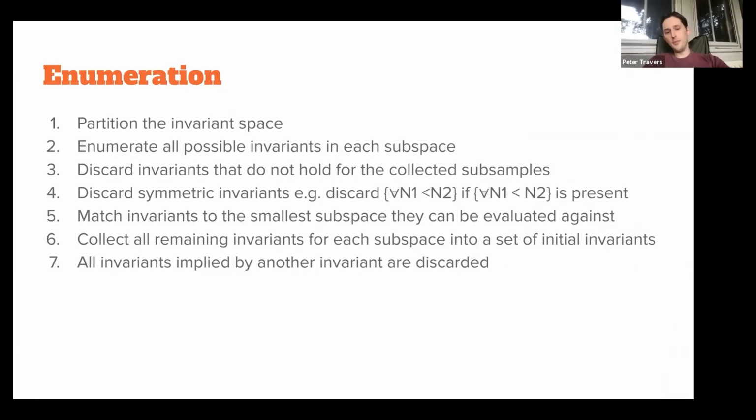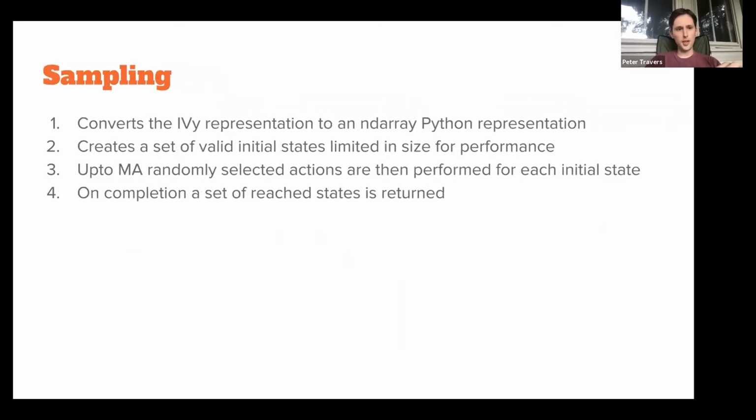Cool. So then we step into our enumeration stage, where we break apart the space of invariants, and then we enumerate all possible invariants in each subspace that we've generated by partitioning. We discard invariants that do not hold for the samples we collected, and that's how we're data driven.